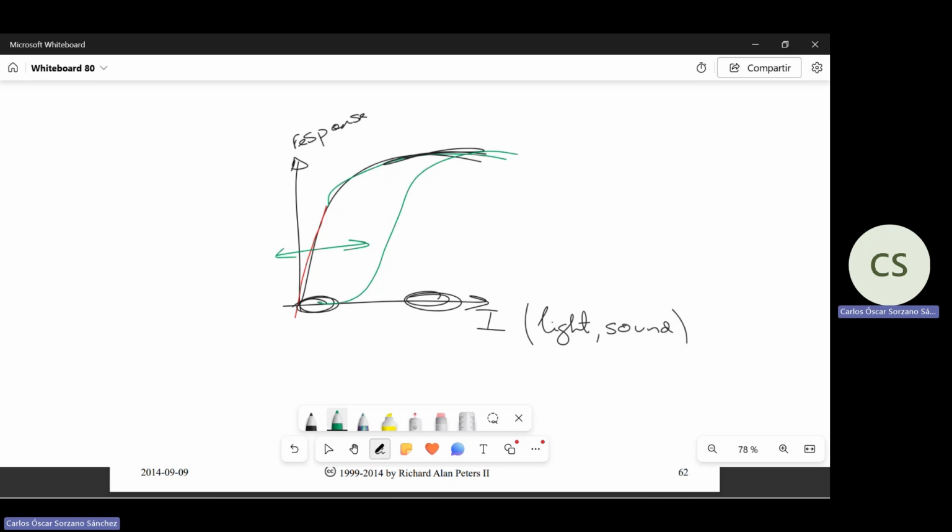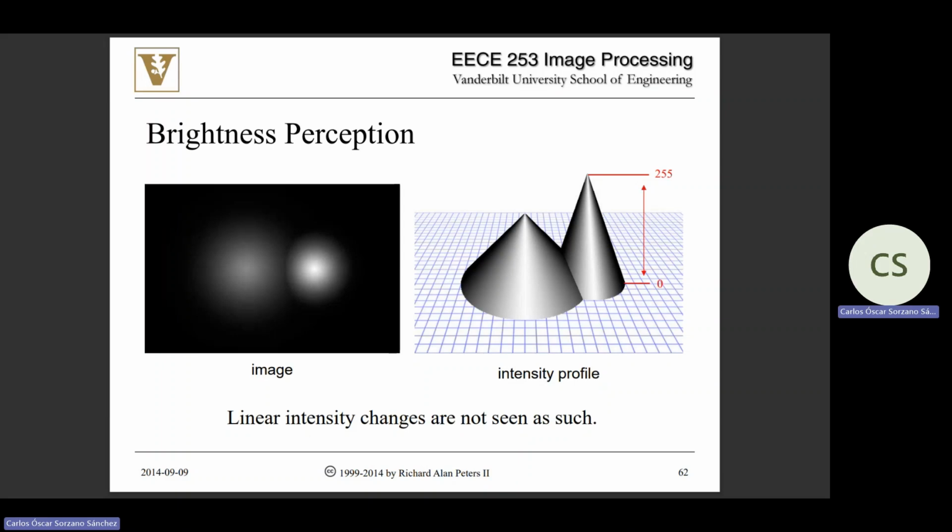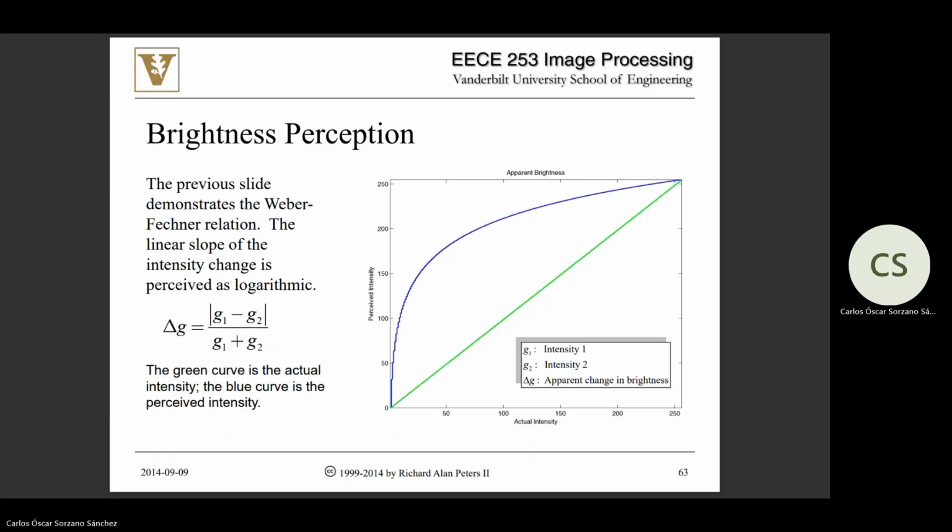When you get into the tunnel, you are in an area where the response is flat. So you don't see details again, and you have to get used to the darkness again. So we see in a logarithmic scale, and this logarithmic response is adaptive.